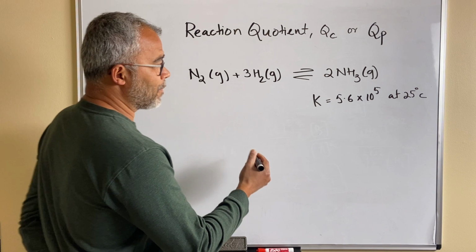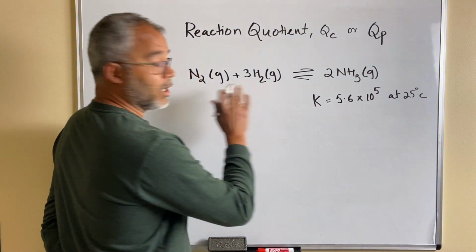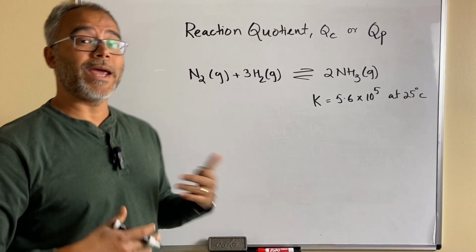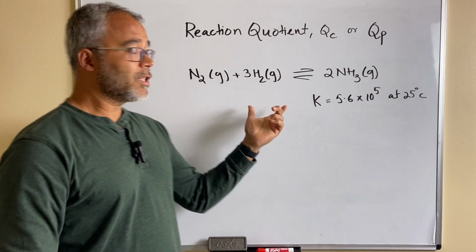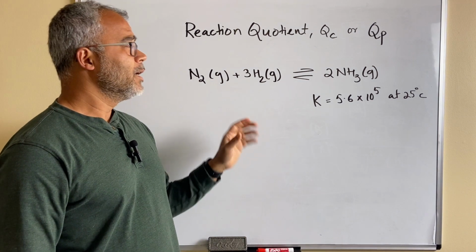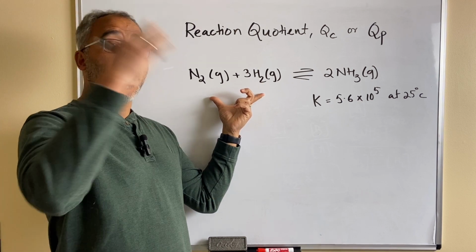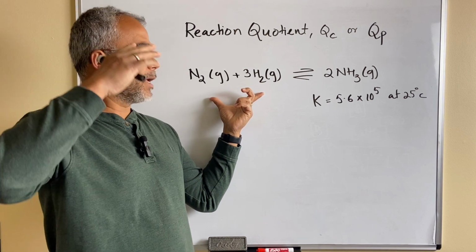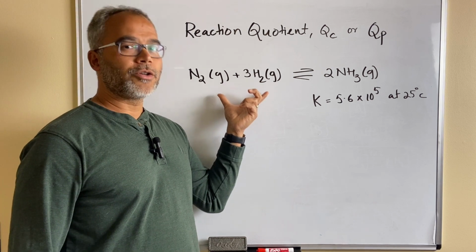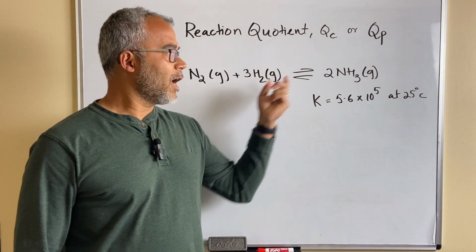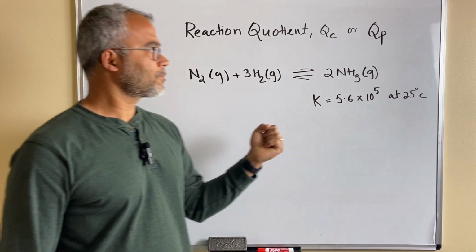Now, what happens if we start the reaction and we do not wait for equilibrium? If we start this reaction and do not wait for equilibrium, then what's going to happen is your reactants are going to be a lot. There's going to be a lot of them present at the beginning, and then they're going to slowly start being consumed over time to form the product.